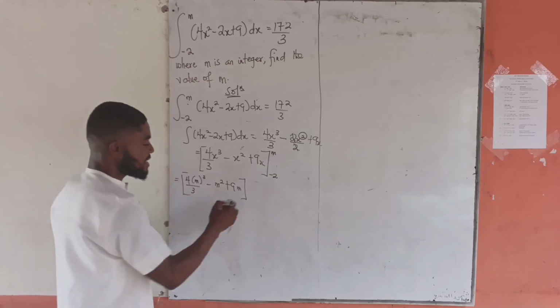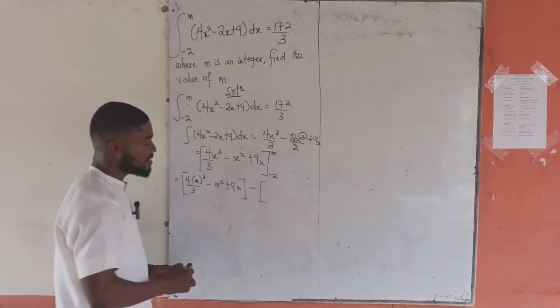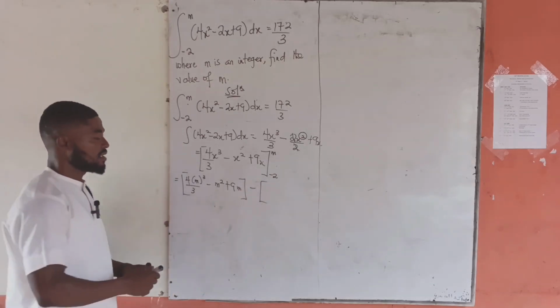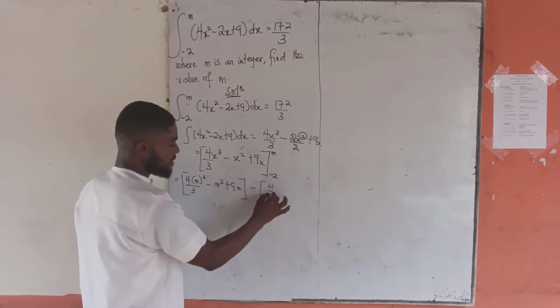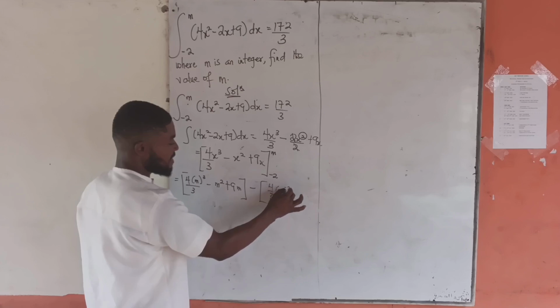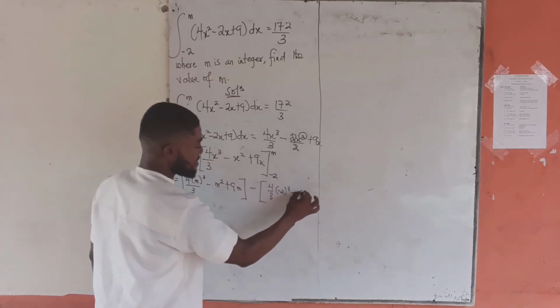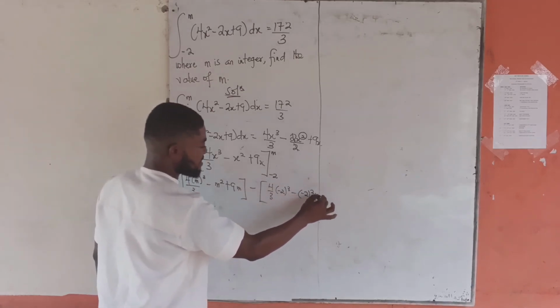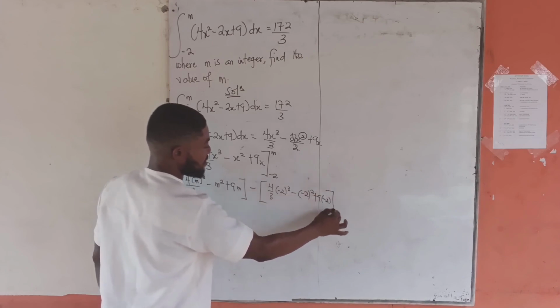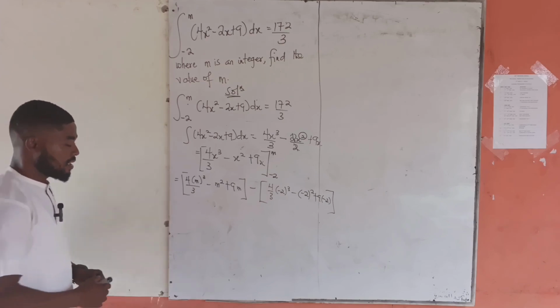Now I subtract the substitution for the lower limit from the upper limit. So the same thing, 4 over 3 times -2 to the power 3, minus (-2) squared plus 9 times -2. Continue.